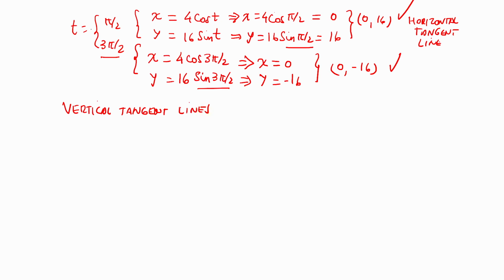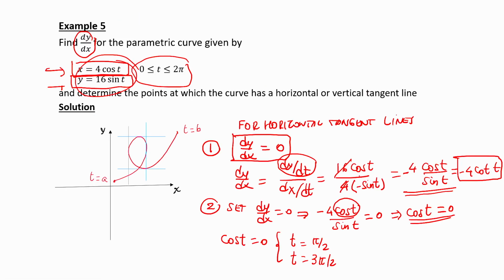So for vertical tangent lines, we are going to set dx/dy equal to 0. So let's take a look at our dy/dx, which we found here, and it equals negative 4 cosine of t over sine of t. dx/dy will be the reciprocal, that will be sine of t over negative 4 cosine of t.